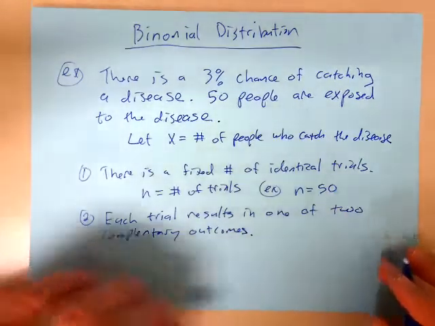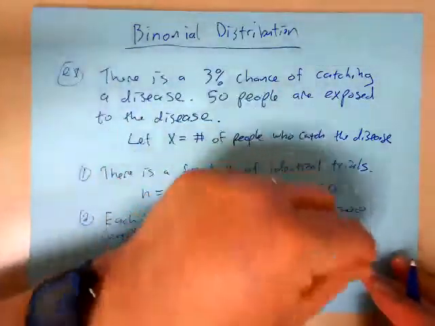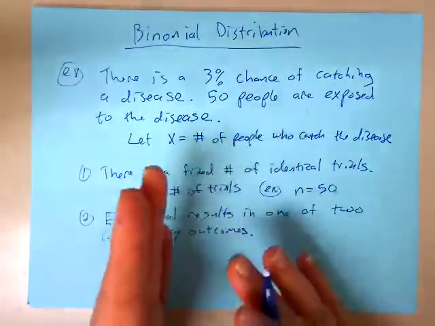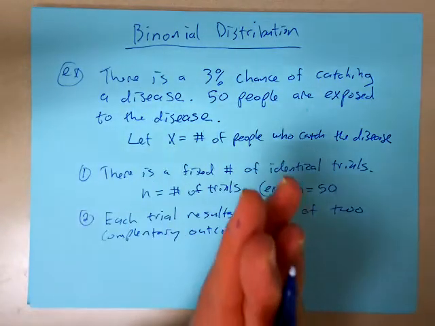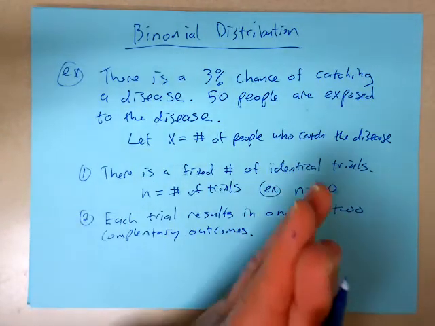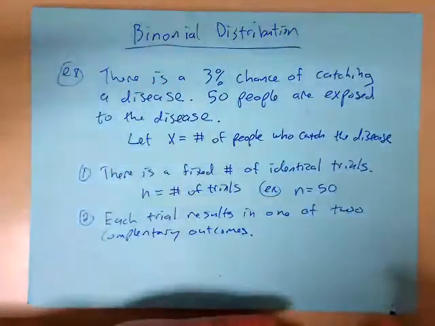So when I take someone, expose them, and they catch it or they don't, there's two possible outcomes. Either they catch the disease or they don't catch the disease. And those are complementary events. The probability of one of those is 1 minus the probability of the other one.